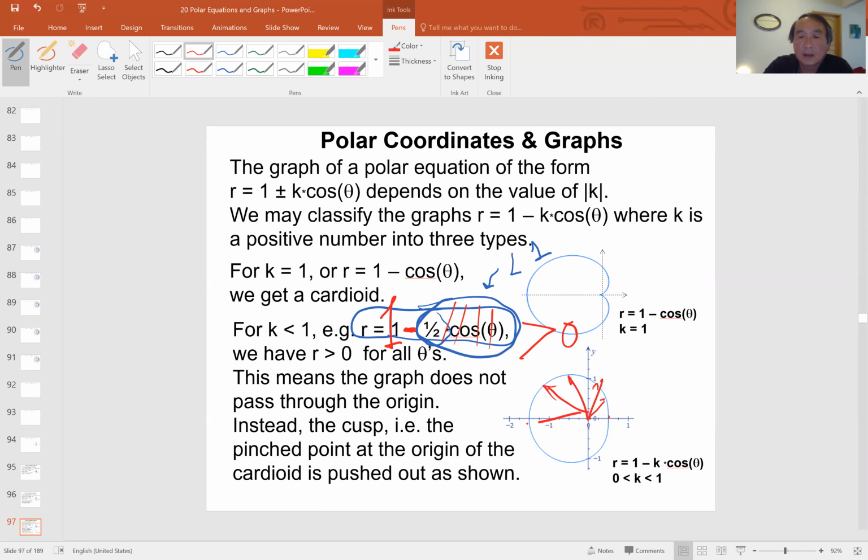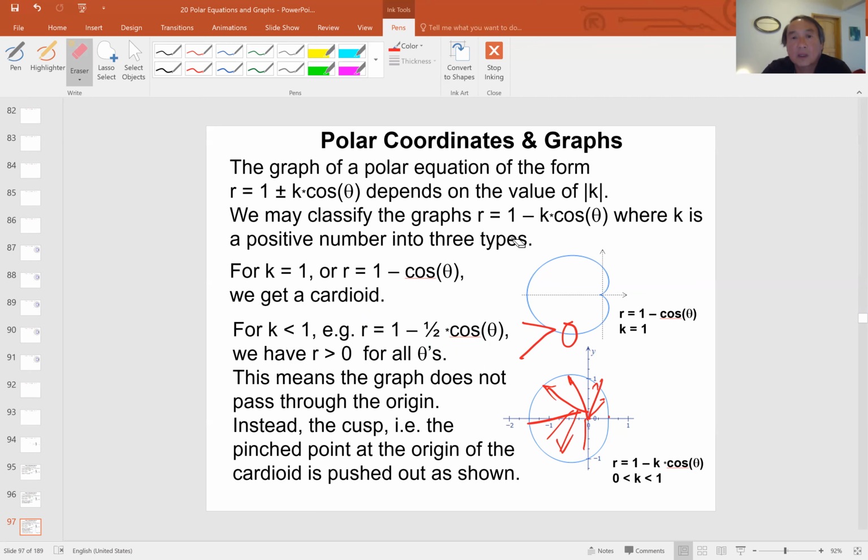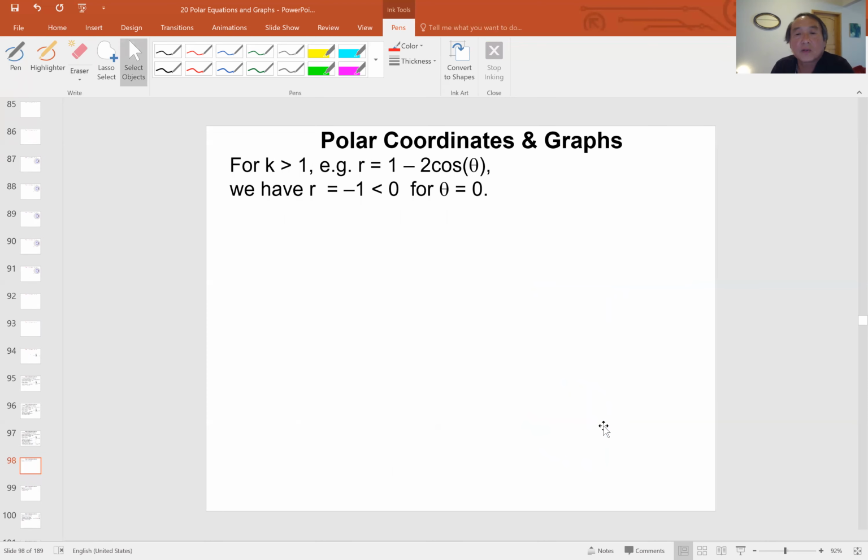It doesn't double back or do anything like that. Because 1/2 times cosine is no bigger than a half, you cannot make that number negative. So no points pass through the origin.